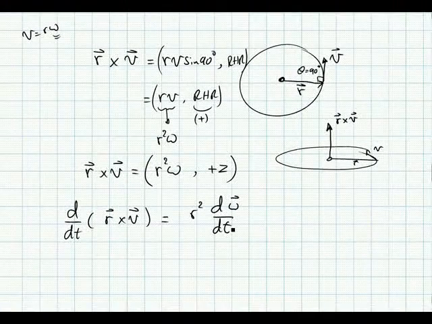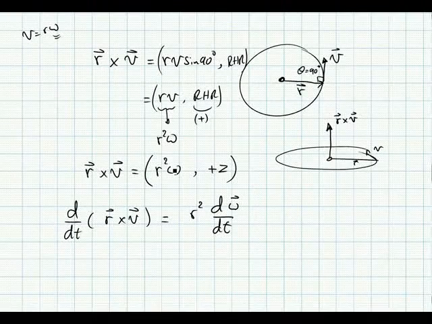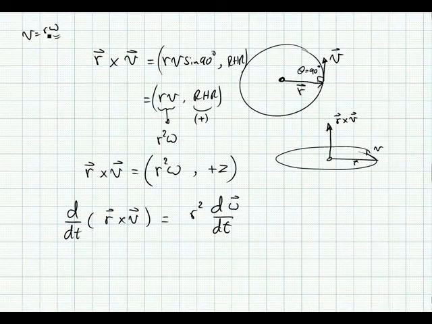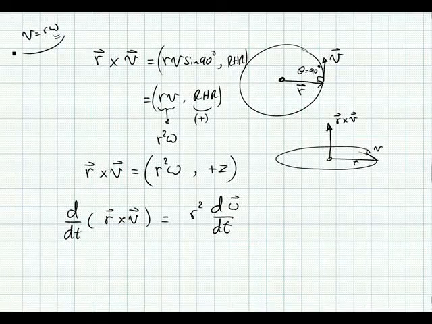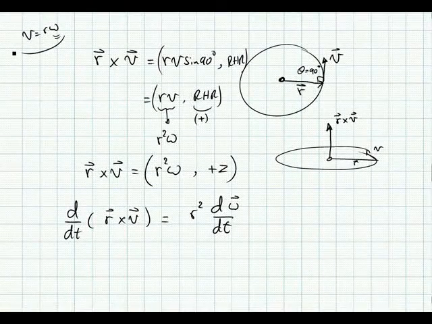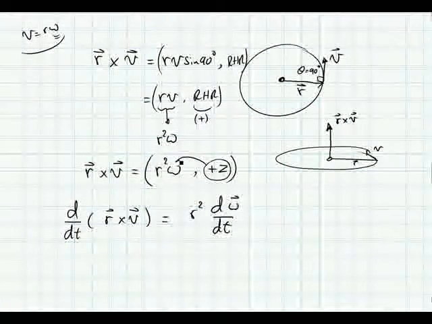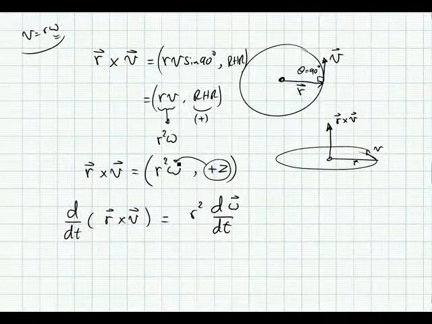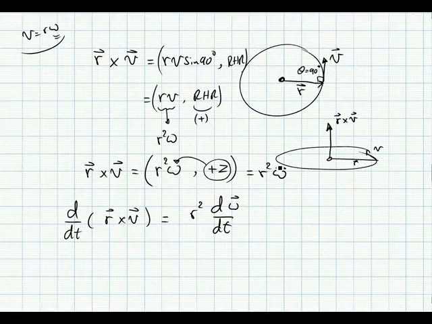Let me back up for just a second. When I made the substitution of V equal to R omega, R is no longer the vector quantity, but is the magnitude of the moment arm. So in a sense, this tells us that this direction z determines the direction of omega.